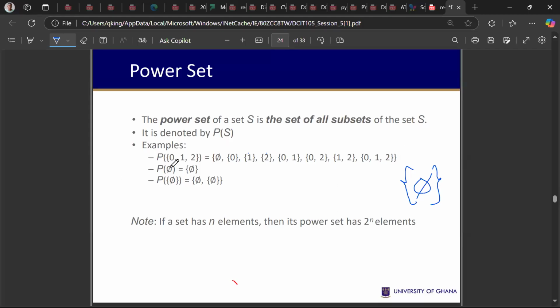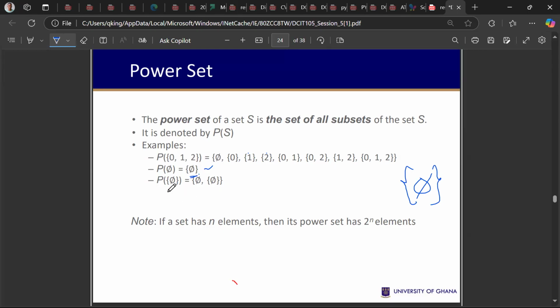With a second example, the power set of the null set is just this, because it has no element, so we just begin with just that.